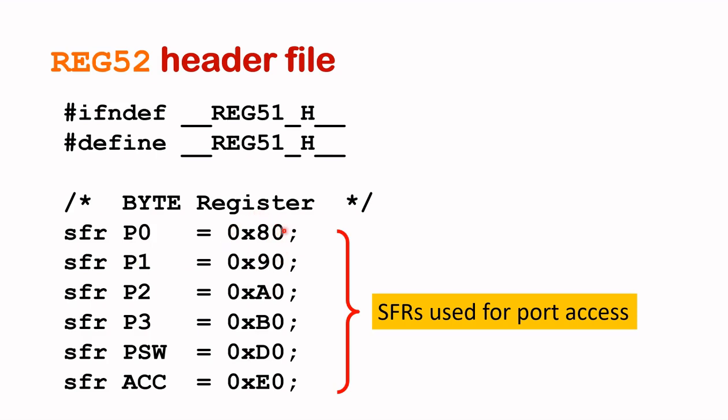Now these, as you recall in my earlier videos, are special function register addresses. So here the header file defines all this for us. So all we need to do in our C program code, in the main program, is just use the destinations P0, P1, P2, and the compiler will know the addresses of these ports.